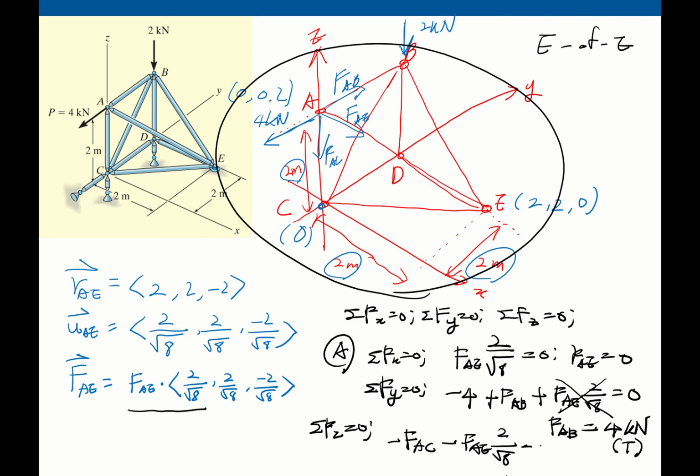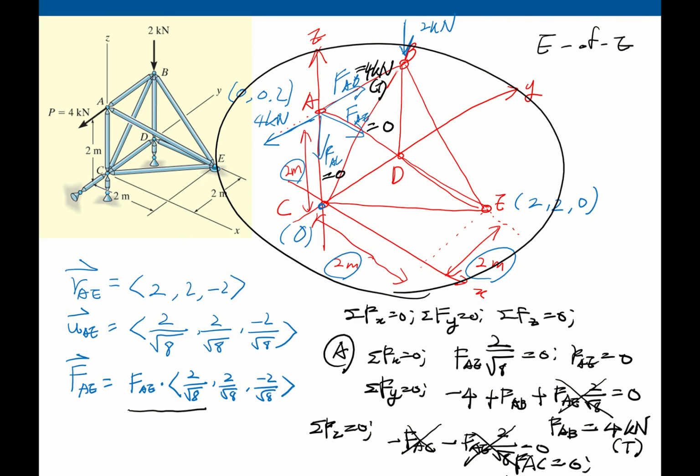So this should be equal to 0. Since FAE is 0, then AC should be equal to 0. So force AC is 0, AE is 0, and AB is 4 kilonewton, which is a tension. Now we have found all the unknown forces associated with joint A.